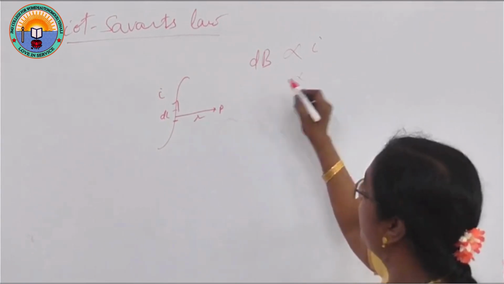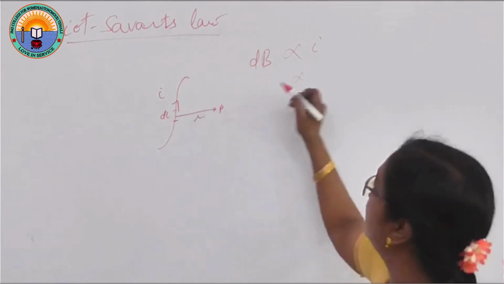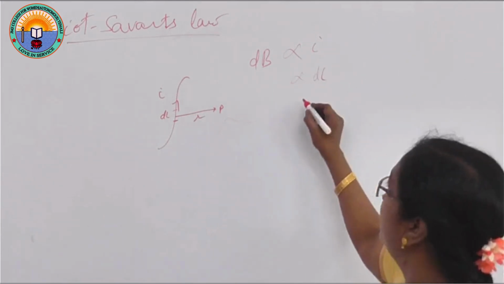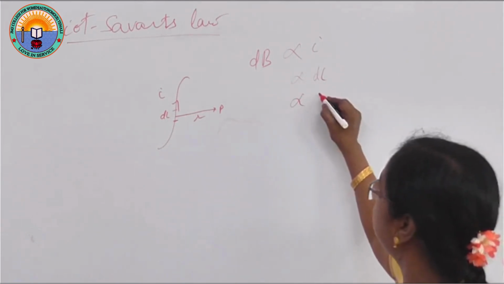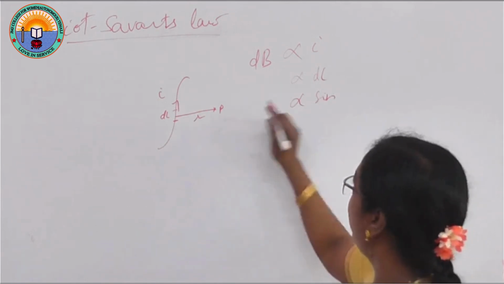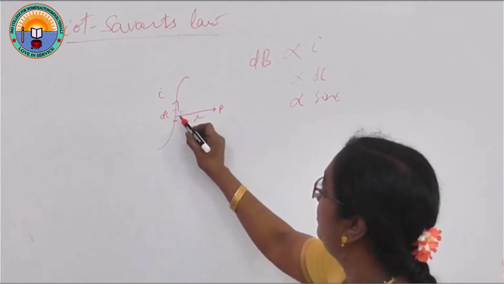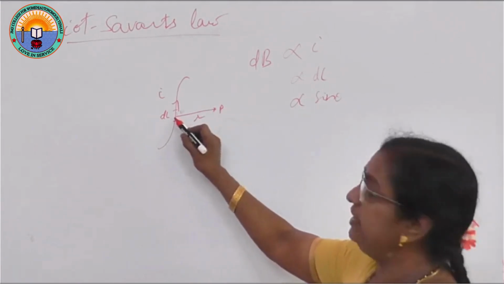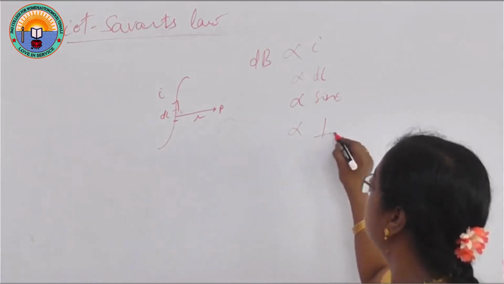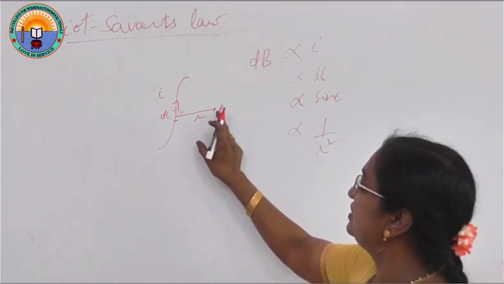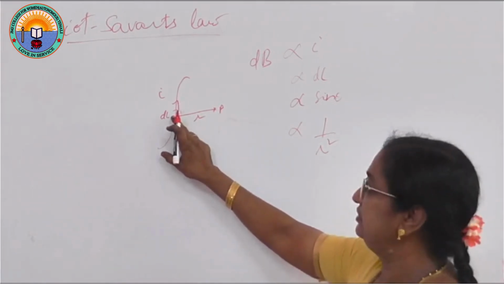It is directly proportional to the length of the considered element, directly proportional to the sine of the angle theta between the line joining the point P and the element, and it is inversely proportional to the square of the distance between the point and the small element.